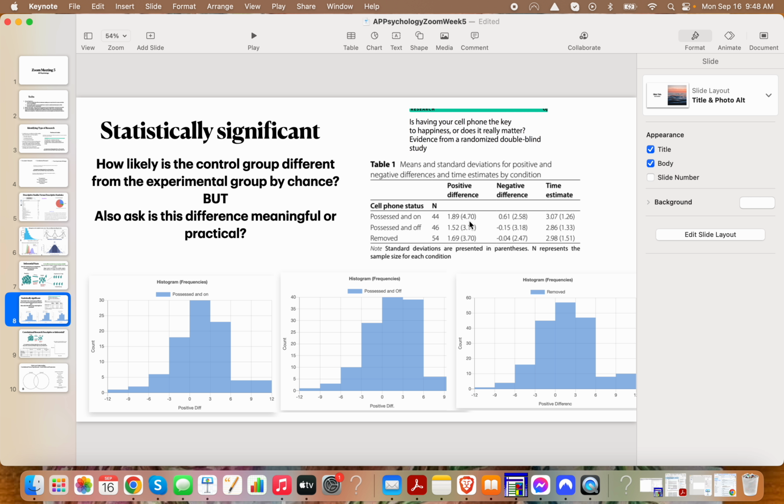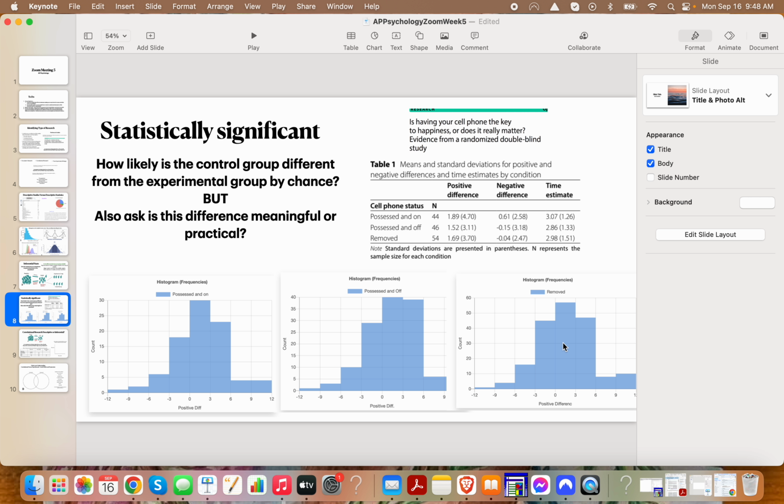The standard deviation was 4.7. Another group had the phone on them. It was turned off, right? The positive difference in their emotion, and the standard deviation. And another group, 54, had their phone taken away from them completely, and here was the positive difference in their emotion, and here's the standard deviation.